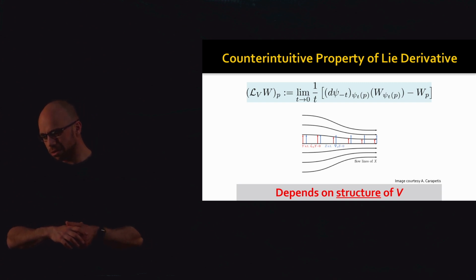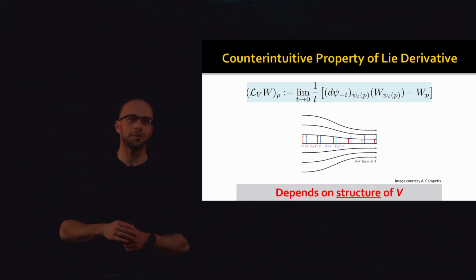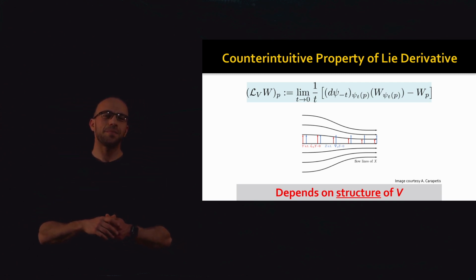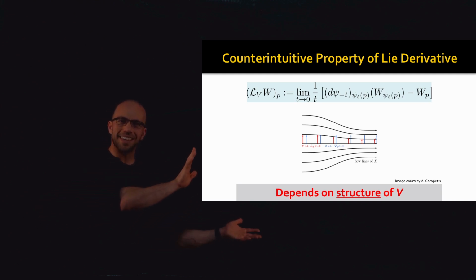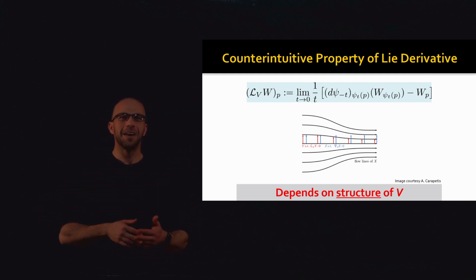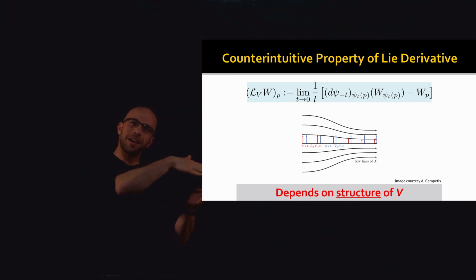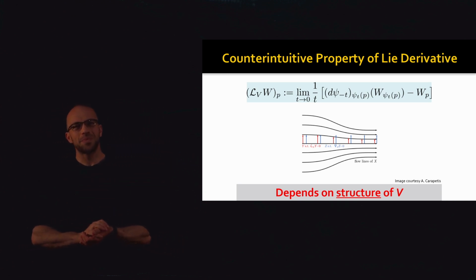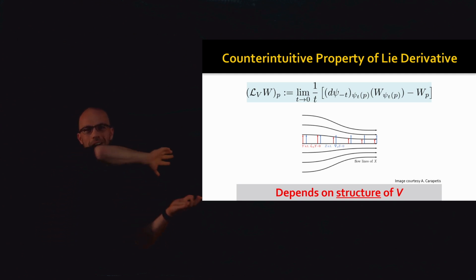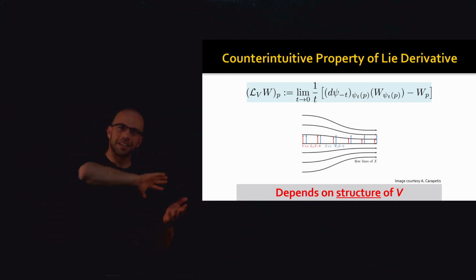So here my vector field W, I guess, is this constant blue vector field. And the issue is that if the flow lines, I'm noticing, by the way, on the slides that there's like X, Y, V, W, but if the flow lines of V are converging toward one another, then actually the vector field W looks like it's changing length because you're warping it based on the flow lines converging.